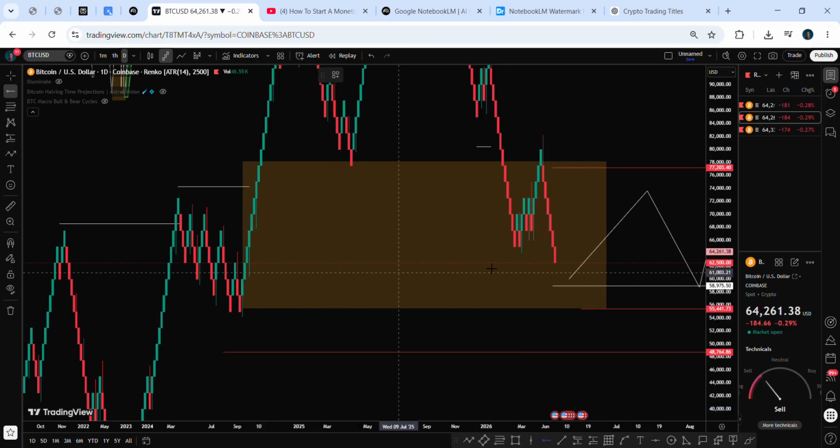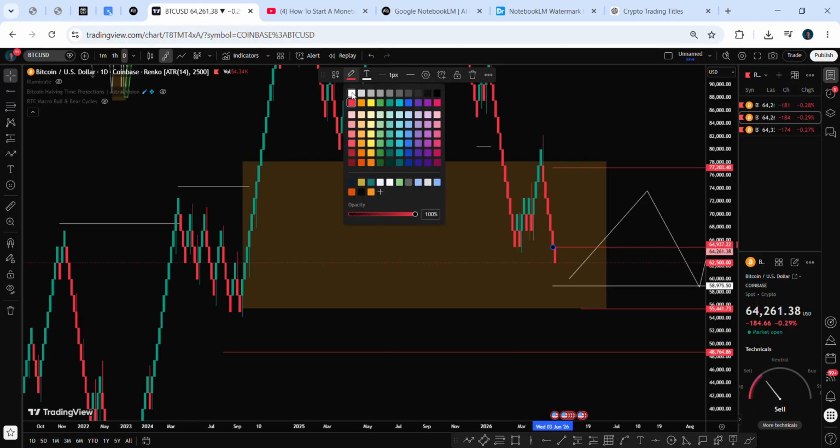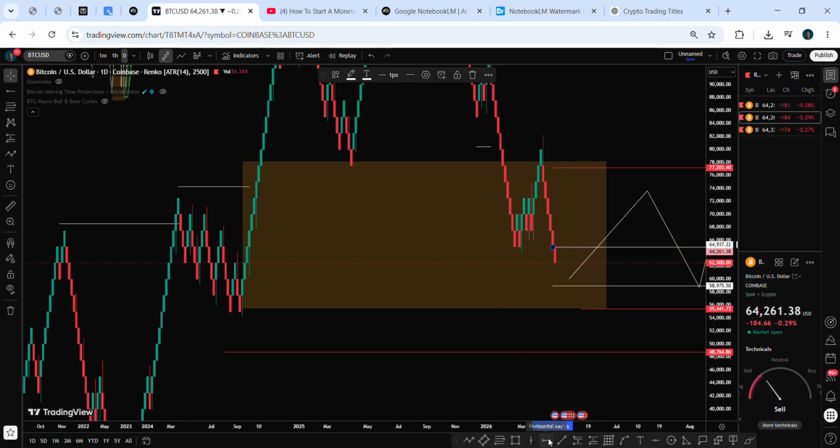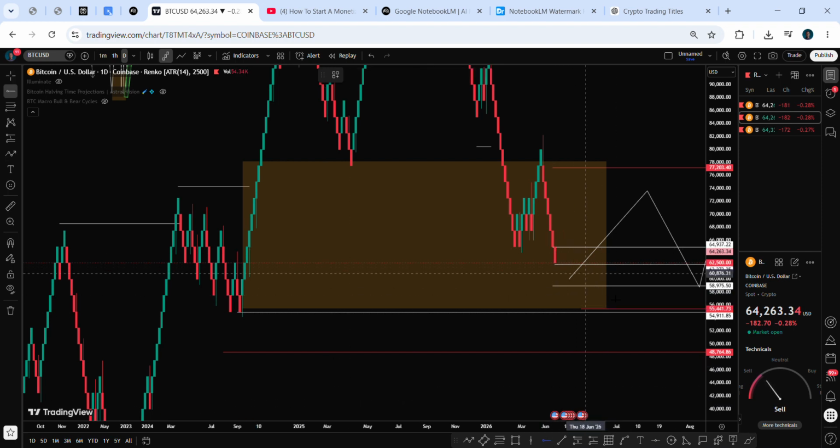So what I want to do is to put my lines at the top and bottom of each candle. Then I can put it here too, because I still expect price to dance around this place.